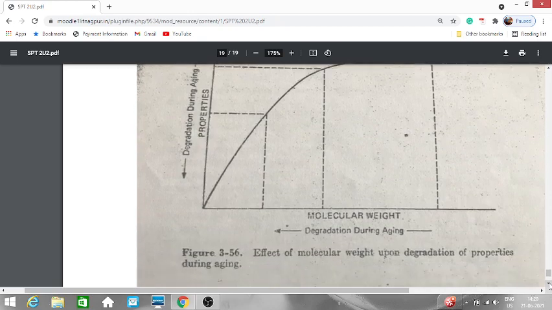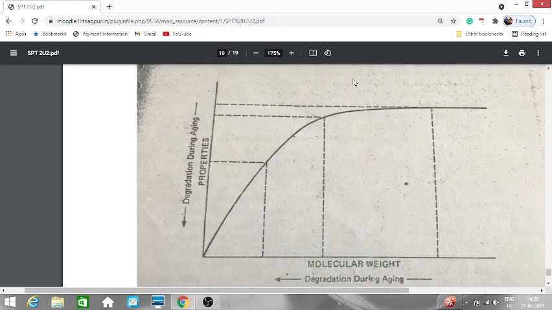As the molecular weight increases, the degradation during aging is very less. So the lesser the molecular weight, the more the degradation.